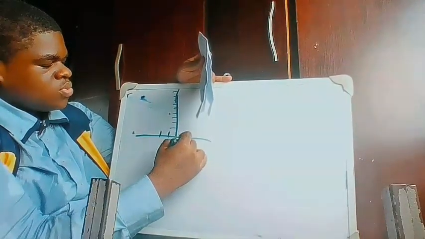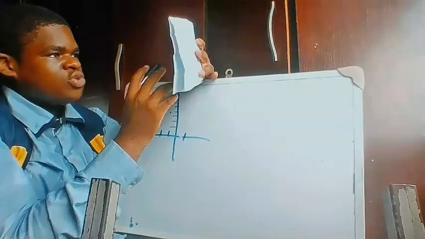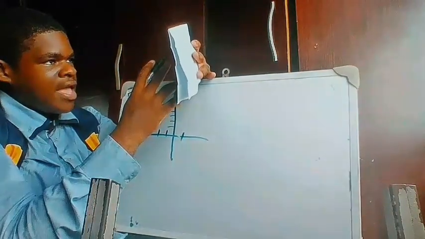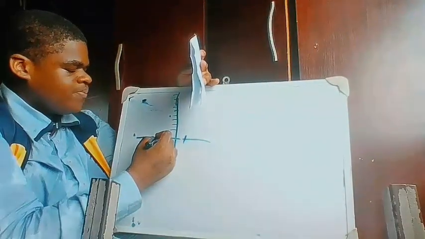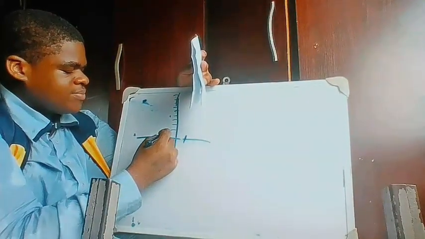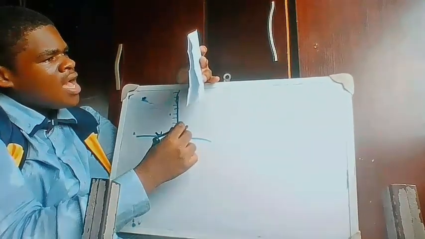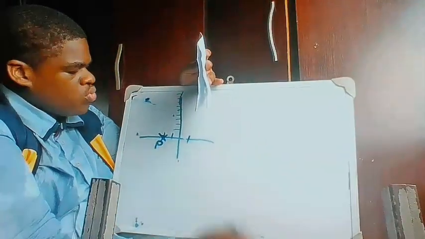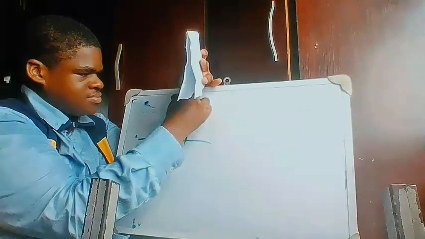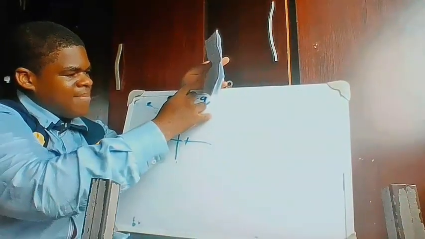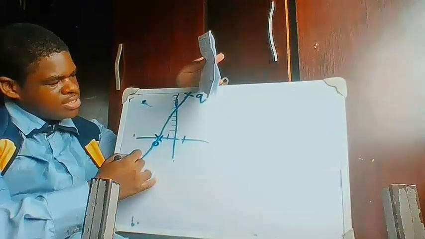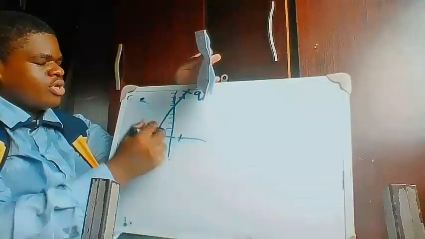So it passes through the point P, which is -2, 0. This is point P. And point Q, which is 1, 9. So basically, I'm looking for the straight line that passes through these 2 points.